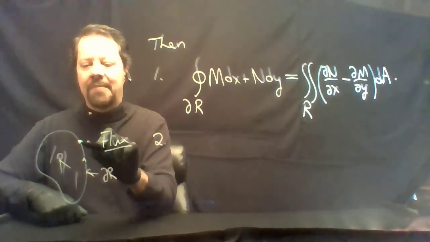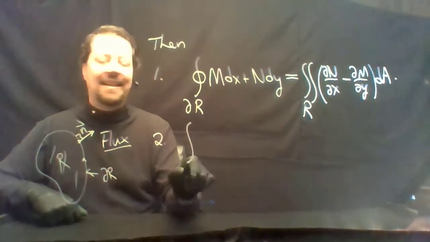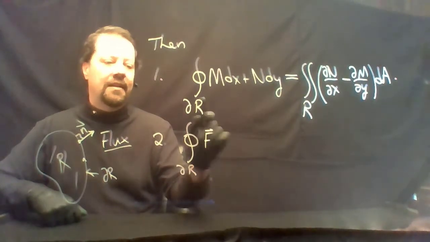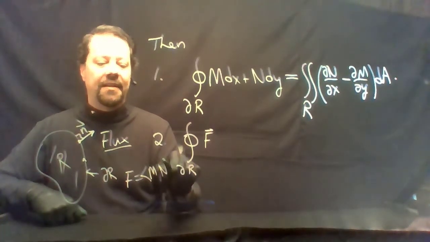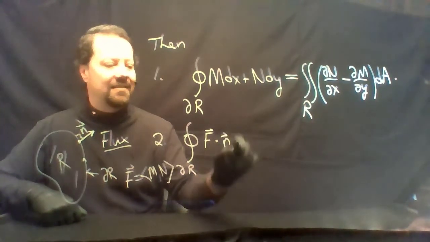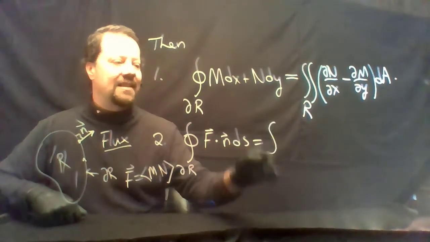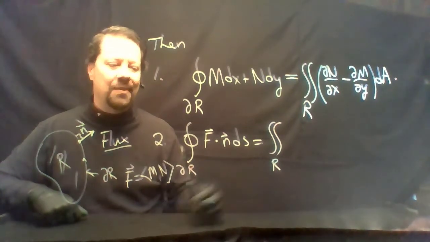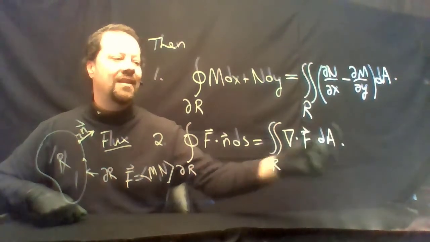If at each point of that boundary curve we have a unit exterior normal, then we can calculate the flux by integrating around the boundary of the region F, where I'm assuming here that the vector field F is M n, dot n ds, element of arc length, is equal to, and again, unnecessary to write the double integral, but I'll do it for emphasis anyway, of the divergence of F across that whole region.